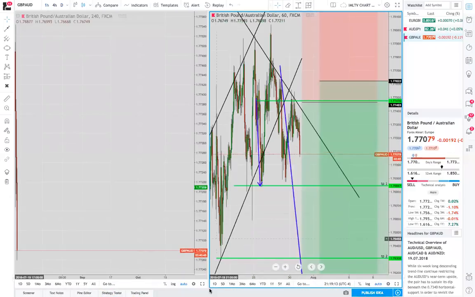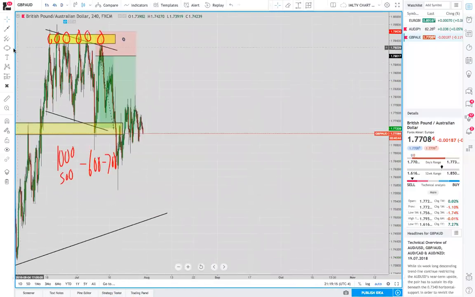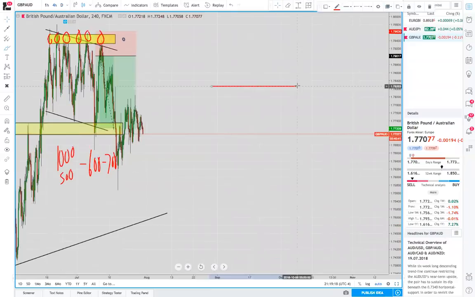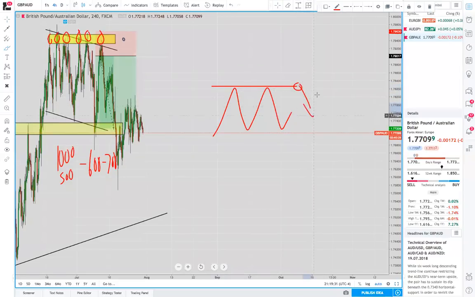Support and resistance doesn't necessarily just have to be used to understand the market going up, going down, going up, and then being here. We don't just have to say, if price comes here, let's see if it goes down.